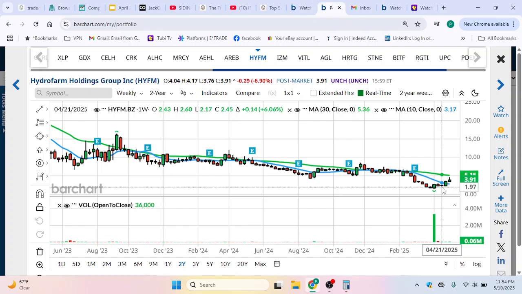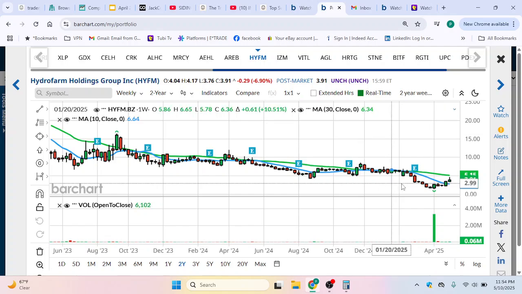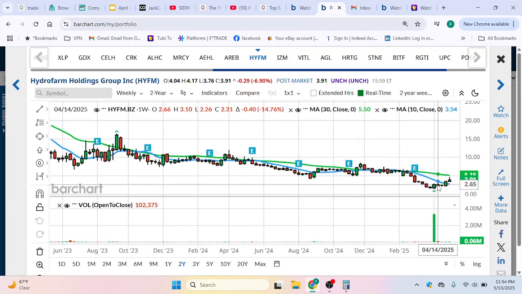And so I just took a small position in the stock at around the $2 area. And Friday it closed at $3.91. Because I don't want to get overexposed to something with this low of an interest, I just took a small position. I think I've got 200 shares maybe.